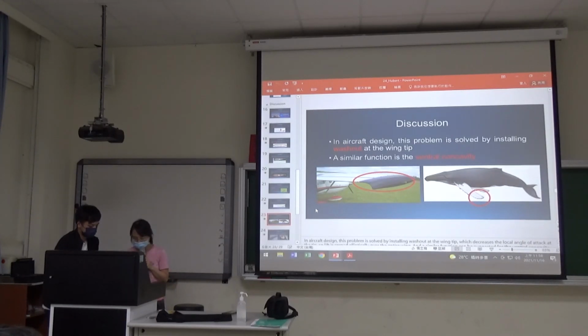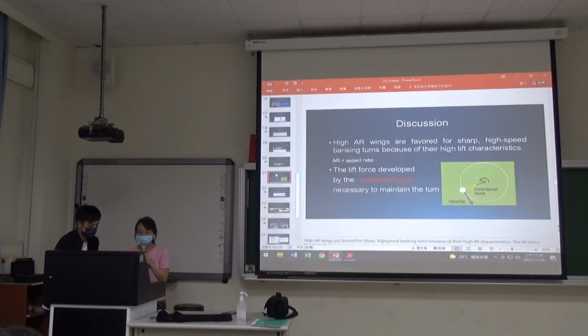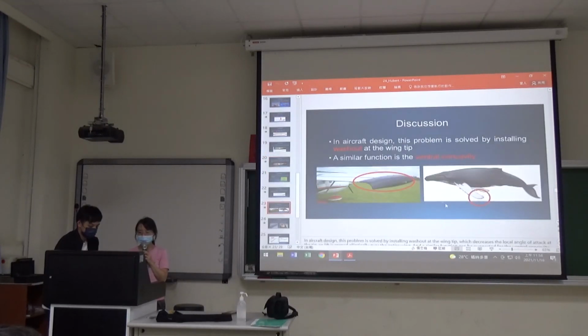And I appreciate that when you compare the flipper with the other hydrofoil, you look for images. However, even if you show images, it still doesn't really explain well. For example, you say ventral concavity, and you show this.